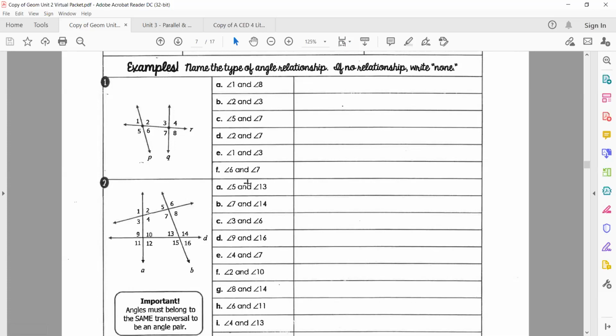So angle 5 and angle 13, those are both on this transversal B. Those are corresponding. Right? Same side of the transversal. Same relative position to the lines that the transversal cuts through.